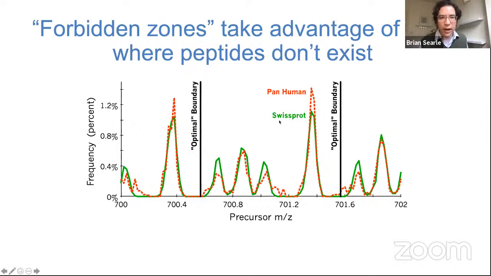So for example, when I think of the boundaries that I would look at for Swissprot and map those to the boundaries where I see peptides, looking at all the peptides in Swissprot and then all the peptides in the pan-human library, they actually overlap quite a bit.